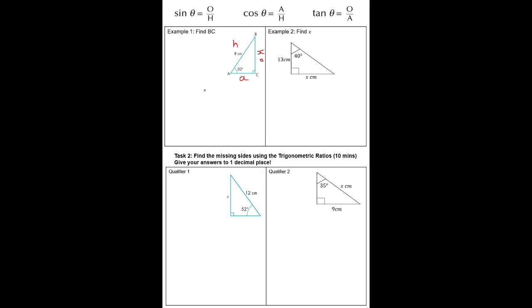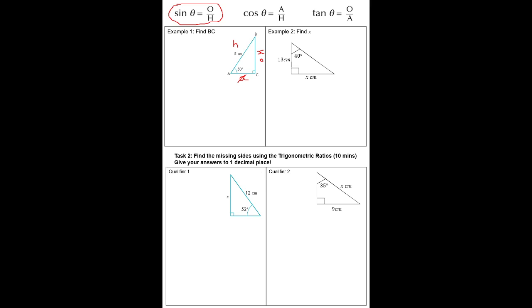So we need to look at what we're looking for and what we need. So we don't need A. We do need to find O, which is our line BC, which I've labelled as X. Could keep it as O. And we do have H. So we've got O and H. So we need the first ratio here.